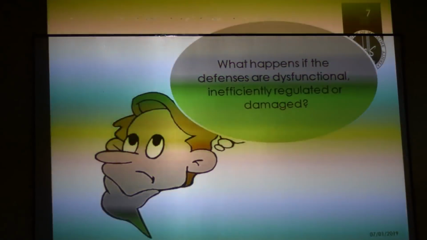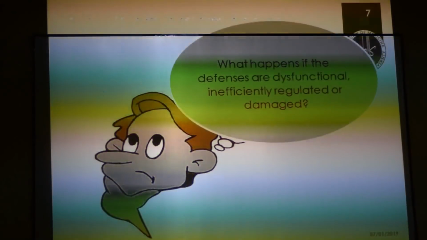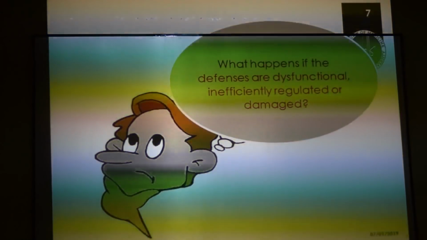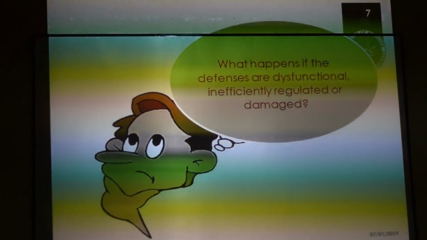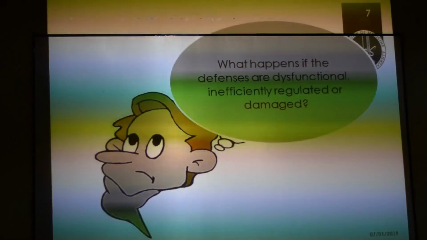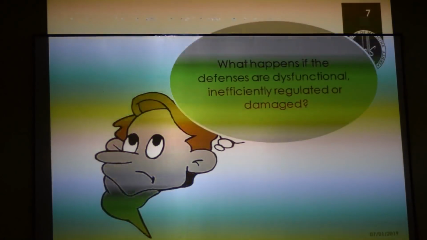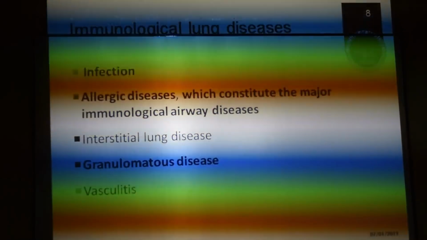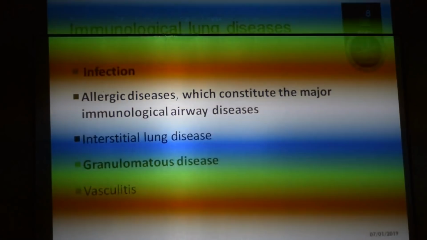Now, what happens if the defenses of the immune system are either dysfunctional or not properly regulated? What do you expect? They will not be able to defend and you will have infections, or if there is an exaggerated immune response, there will be damage to the respiratory system. So the possible things that you can encounter are, first, infections.